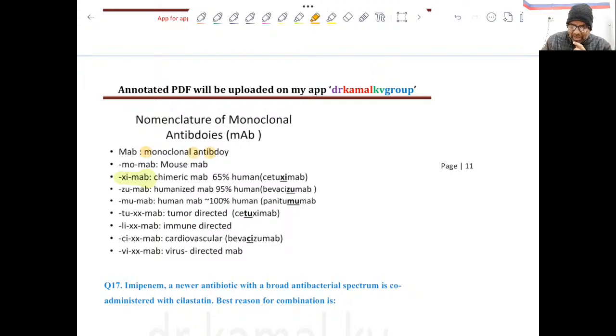MAB is coming at the end, and CI means chimeric. So it's a chimeric MAB which has around 65% human component. So this is rituximab, cetuximab. Clear? CI means it is taken from chimeric. Clear? This is one thing.